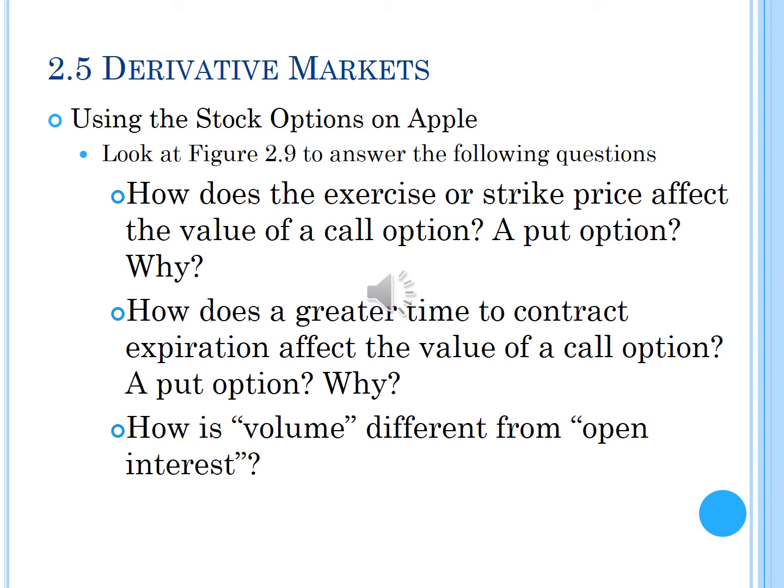If you have a call option that expires 1 month from now, of course that is going to be less valuable than a contract that expires 3 months from now, because during those 3 months a lot more could change in the underlying stock price. The holder of the option would also enjoy a much longer period to take advantage of that option.